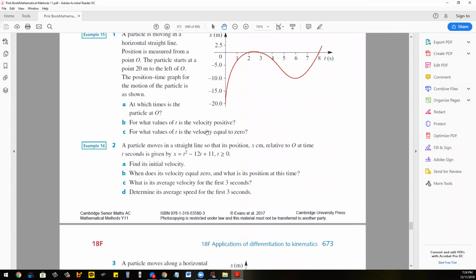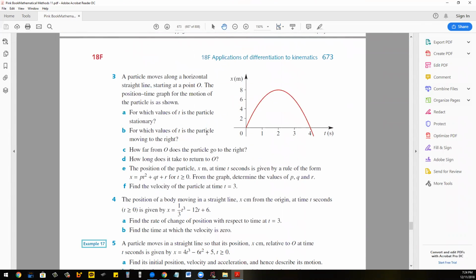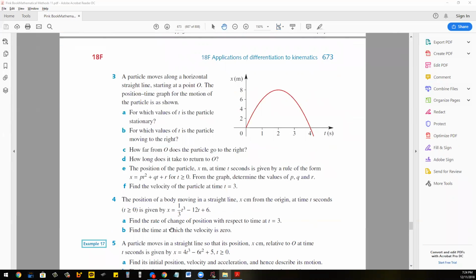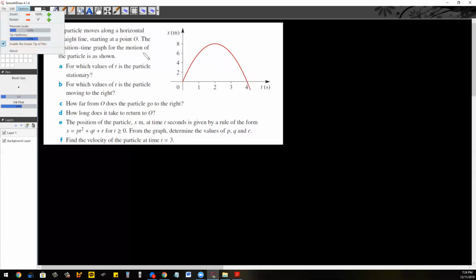I just had a couple of questions about question 3E. This one here? Yeah, I'm not sure how to work out E. I have 4 questions in that chapter.